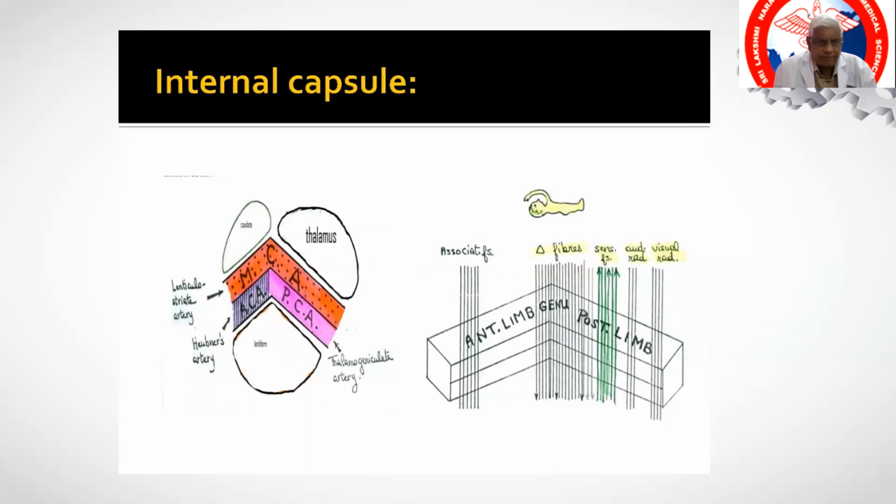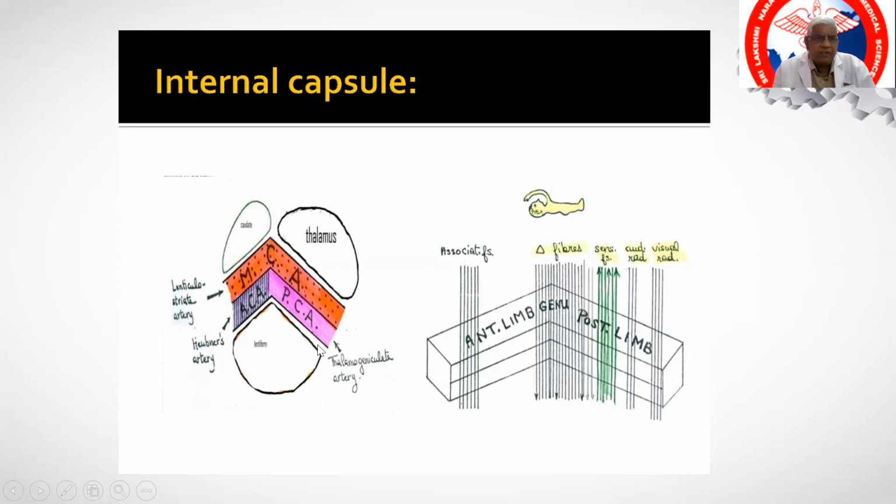Internal capsule. This is the anterior upper half and lower half, anterior limb, genu, and posterior limb. Associated fibers: visual, auditory, and sensory, three types of fibers in the posterior limb.